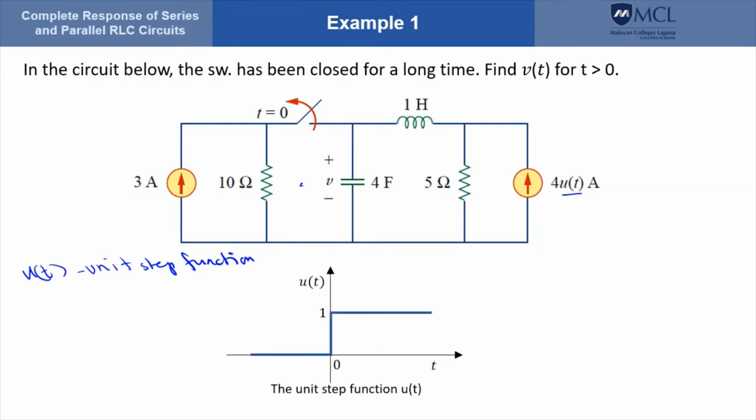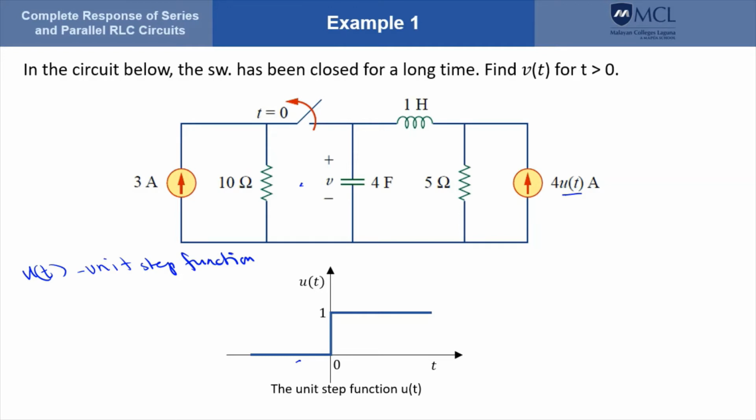Before t equals 0, the value of the function is 0, and at t equals 0, it jumps to a value of unity or 1, and it is 1 thereafter.